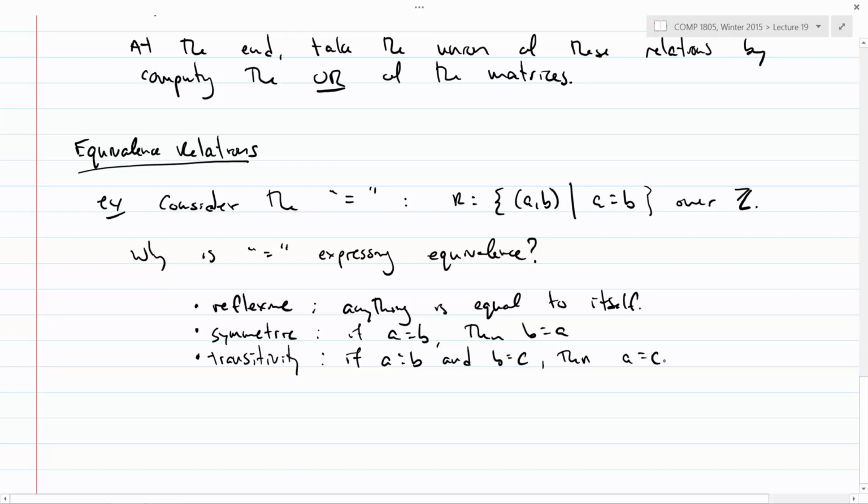And if I go back to this people with GPA example, if I have the same GPA as this person and that person has the same GPA as a third person, then I know that me and the third person have the same GPA. Because it feels like an equivalence kind of relation. All right, so we call a relation an equivalence relation if it satisfies these three properties.